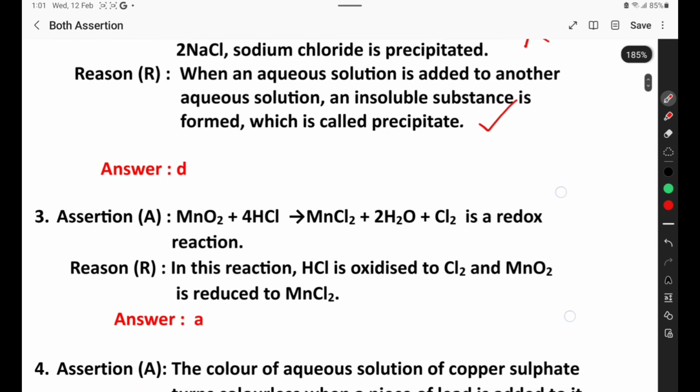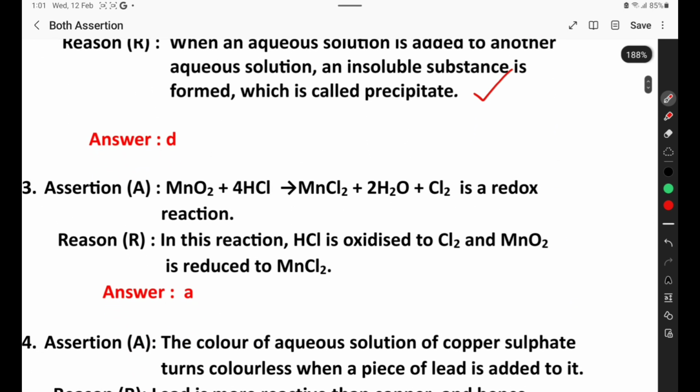MnO2 plus 4HCl gives MnCl2 plus 2H2O plus Cl2 is a redox reaction. Redox reactions are reactions in which oxidation and reduction takes place together or simultaneously. Here HCl lost hydrogen, so HCl is oxidized to chlorine.